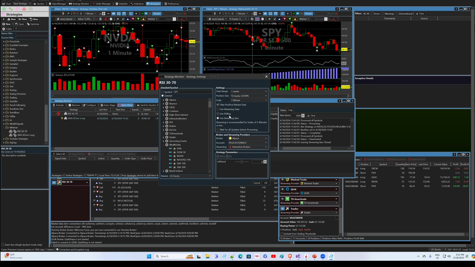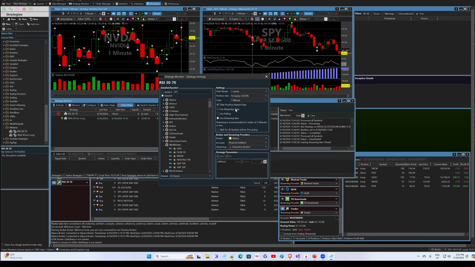So it's a good option to use in the strategy monitor unless you're trying to trade 100 symbols at 1 minute or something like that. Then polling might take too long to get all of the information for that last bar. It would be too much delay, right? And that's what the streaming data and streaming bars are useful for, because that data is there almost immediately at the end of the bar.